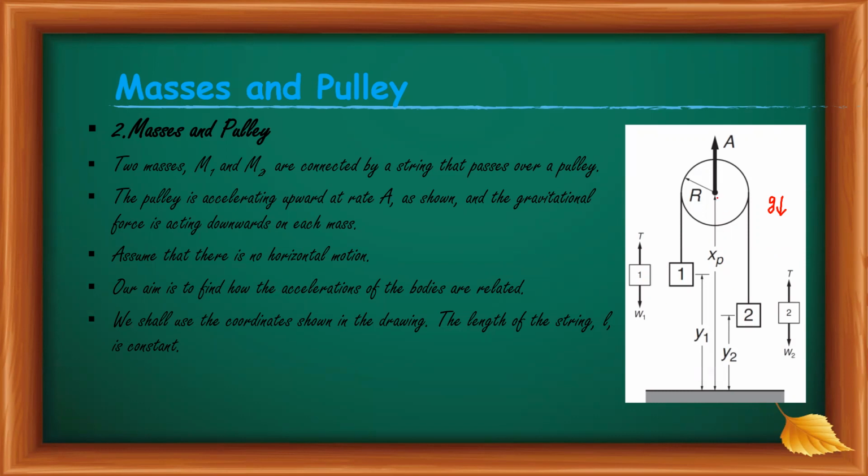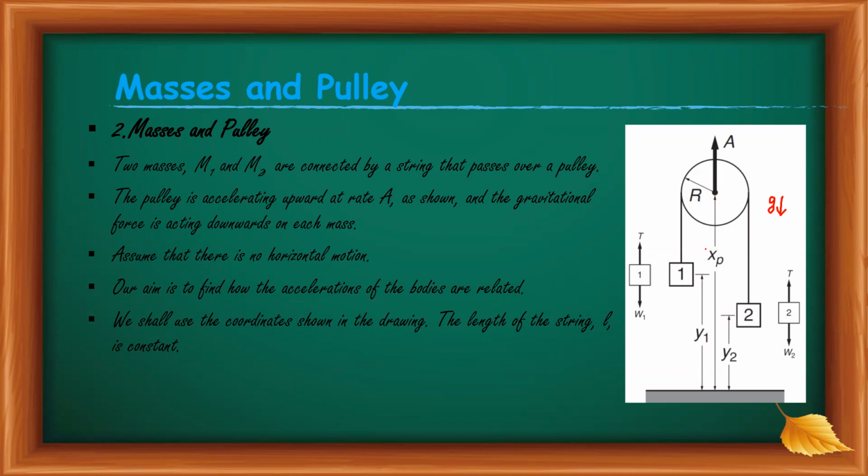Look at the figure. A is the acceleration and r is the radius of the pulley, and here yp is the distance from the ground to the center of the pulley, and y1 is the vertical distance to mass 1 and y2 is the vertical distance to mass 2.